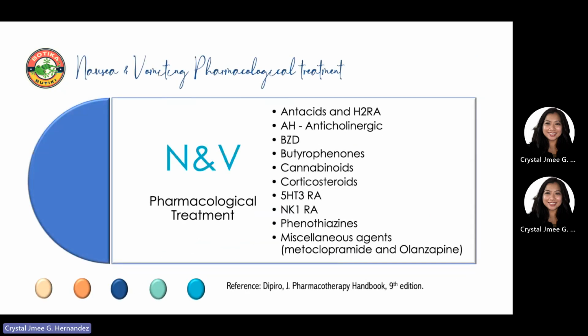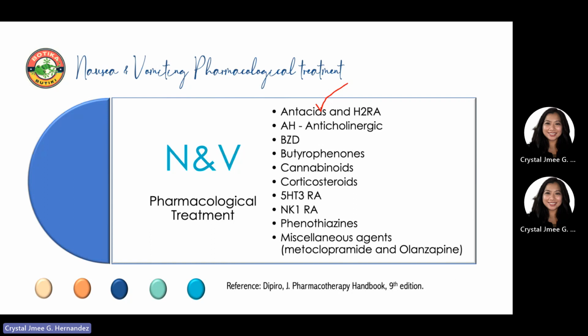And then for the general treatments for nausea and vomiting, it would be highly dependent on the etiology. Among the treatments available, we have antacids and histamine 2 receptor antagonists. Antacids can be single or combination products, like magnesium, aluminum hydroxide, and calcium carbonate.